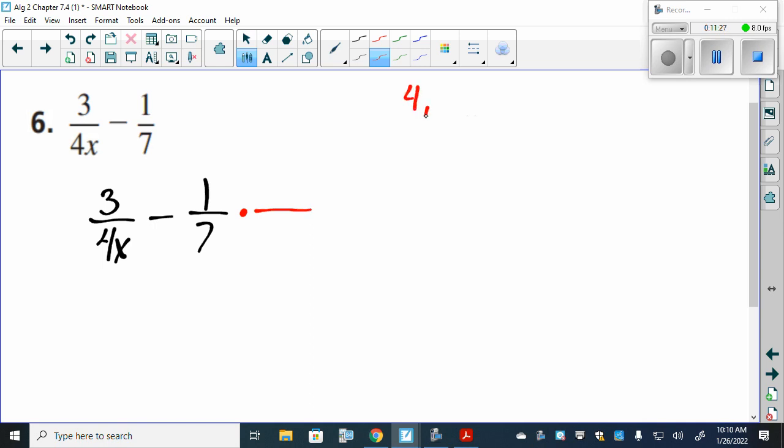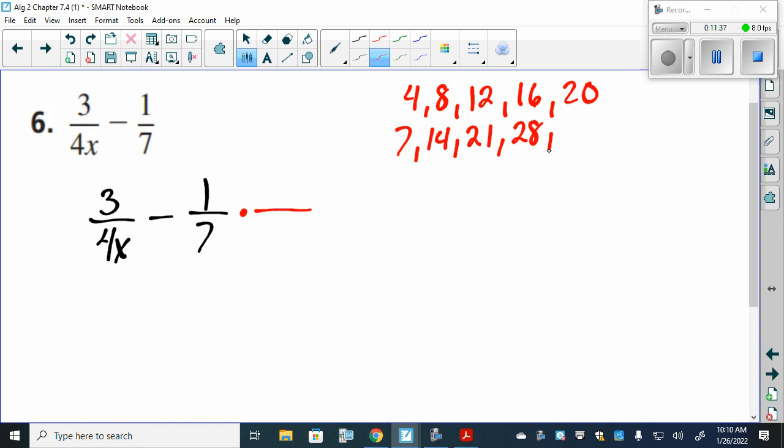So 4, 8, 12, 16, 20. We have 7, 14, 21, 28. Yep, because if we go 2 more with 4, 28 is the first one that they both become the same. So we need to get 7 and 4 to be 28.